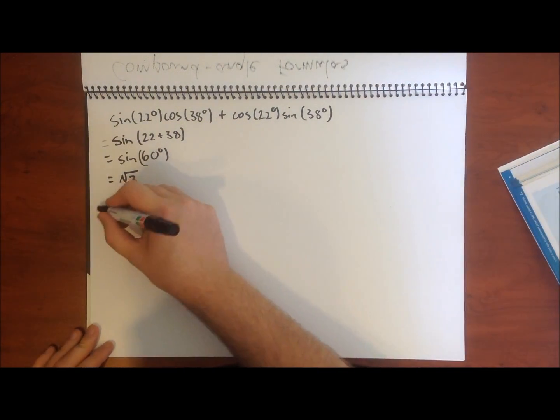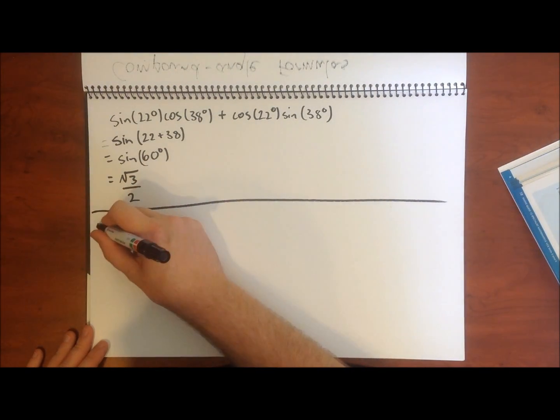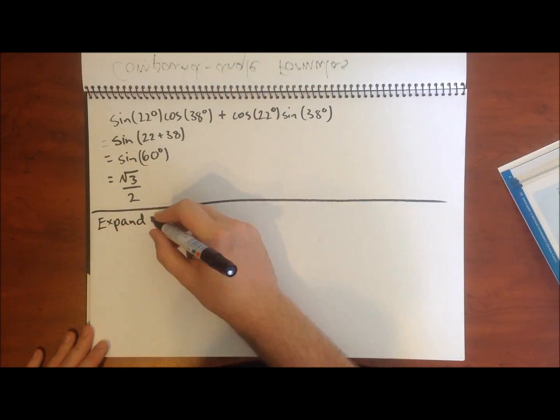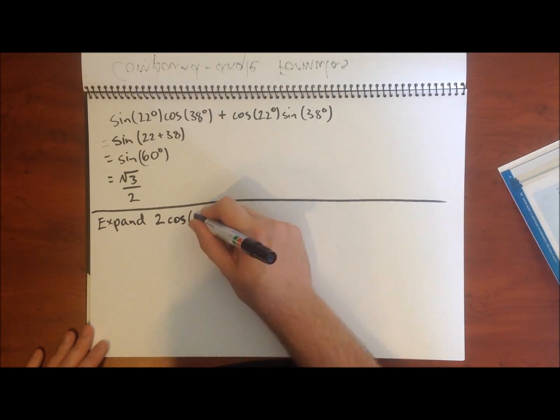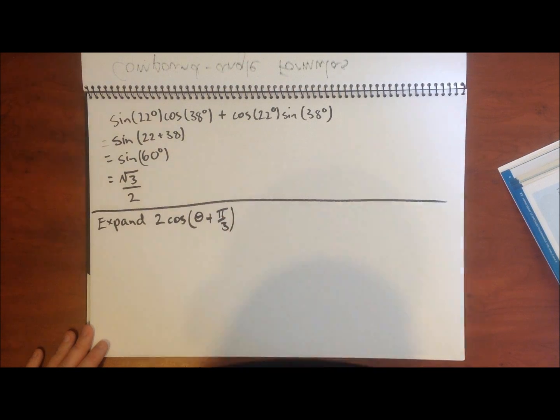Okay, the next example we'll have a look at is where we've got to expand 2 cos of theta plus pi on 3.